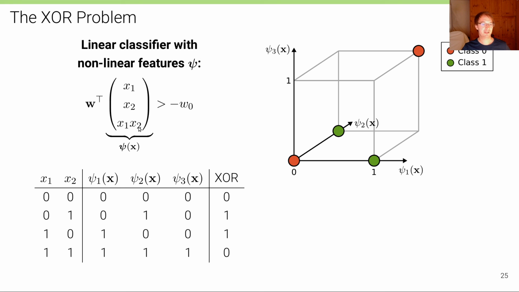So what does this change? Here on the bottom you can find now the feature table for this situation, where we have the features for each combination of inputs x1 and x2. It might not be obvious that this helps from this table, but it becomes more obvious if we look at a visual of it.